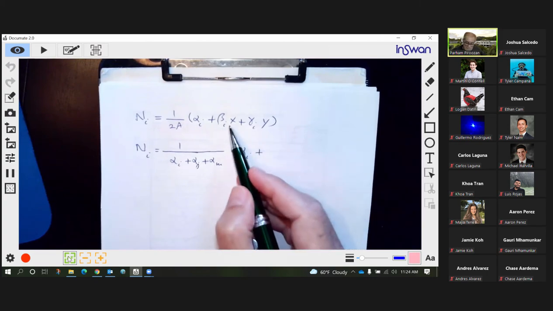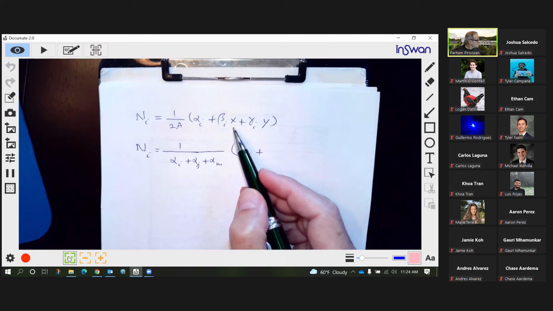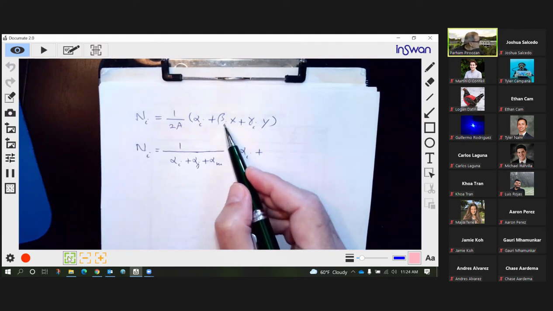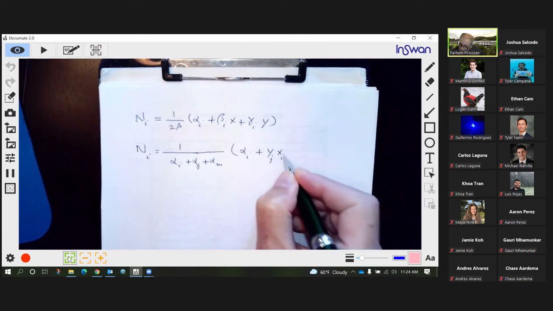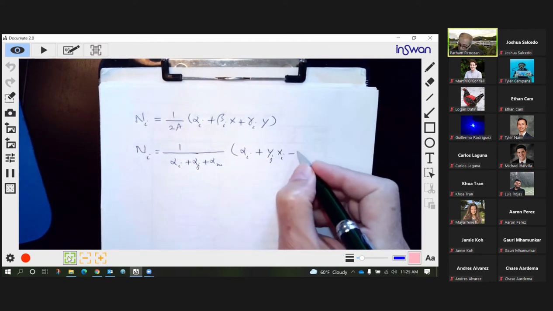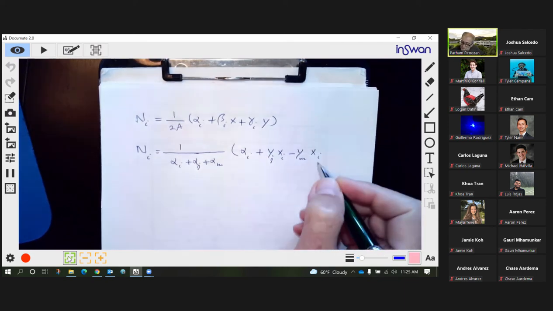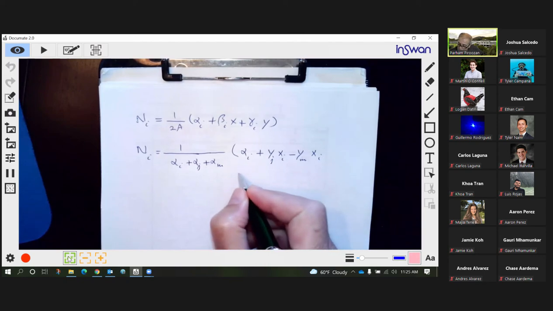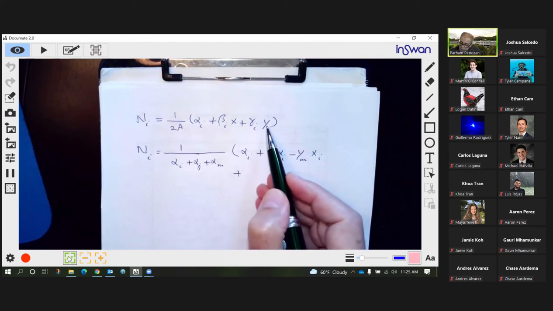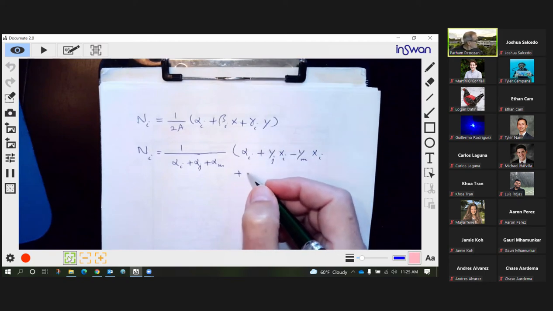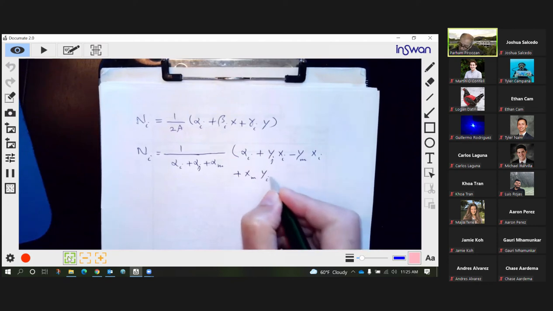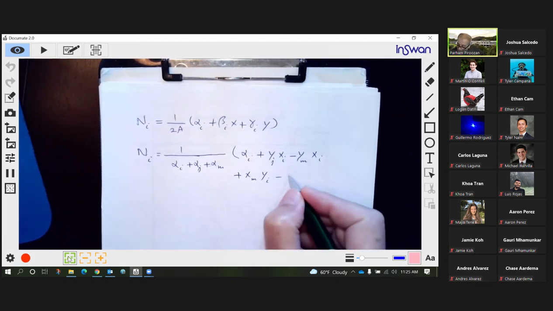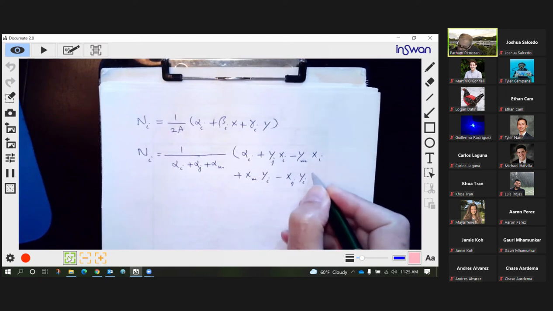So this one is beta I, evaluated at xi, so I multiply xi by beta I. But beta I is yj minus ym, so it is yj xi minus ym xi, plus this is gamma I y. So gamma I is xm minus xj, times yi.